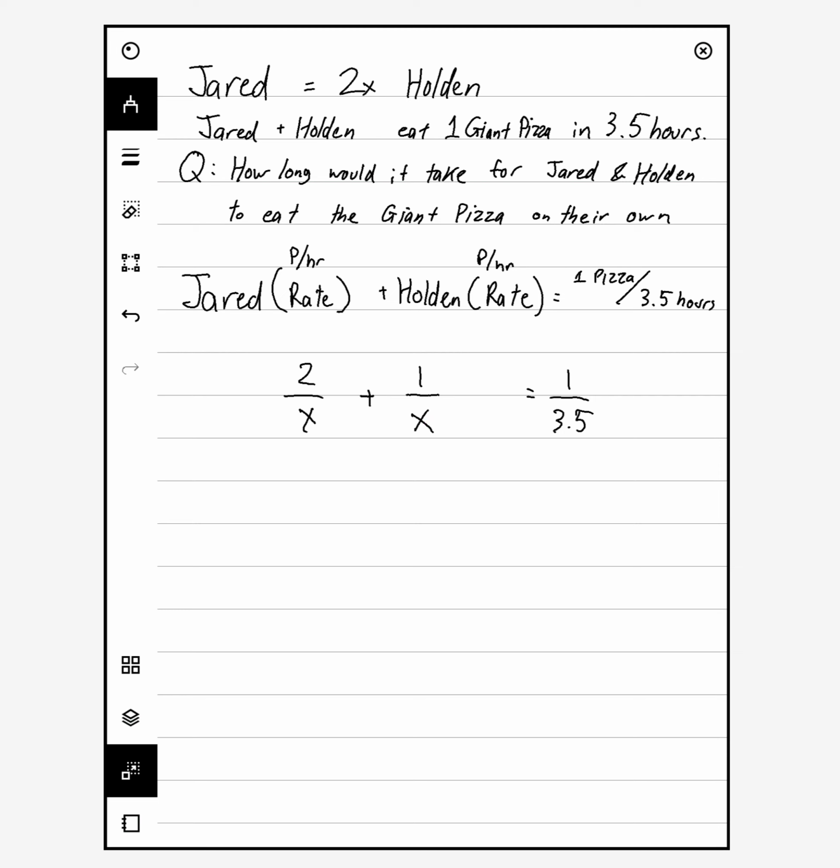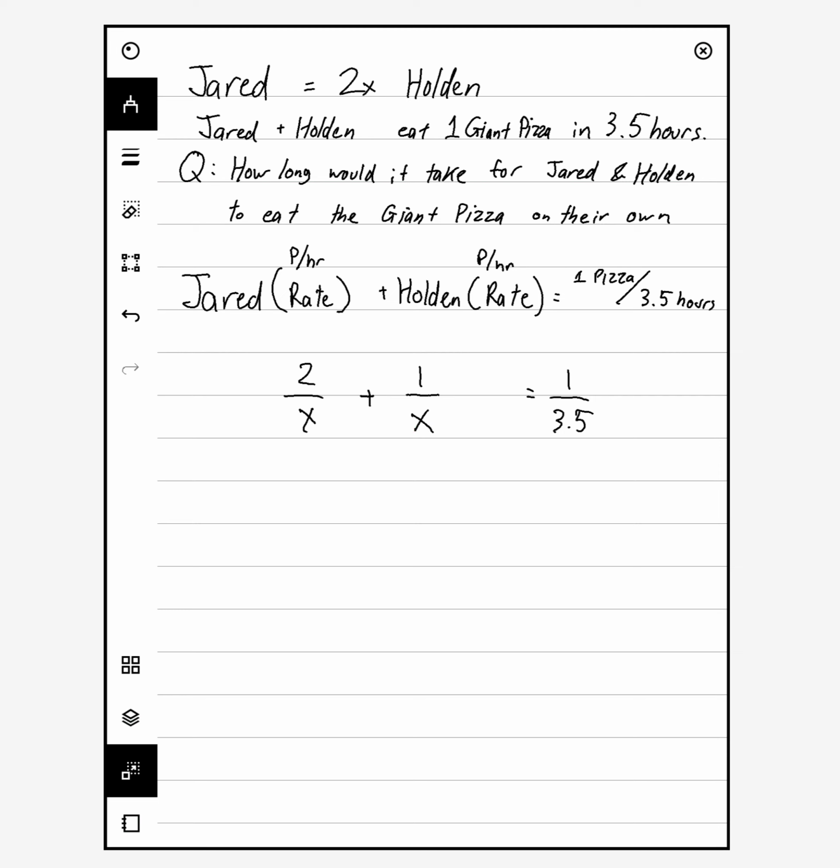And then Jared's rate, since he eats twice as fast as Holden, he would eat two pizzas in that same amount of time. So it'd be two pizzas per some amount of hours. And this way we can solve for x, because it's just going to be some version of x is equal to some number.